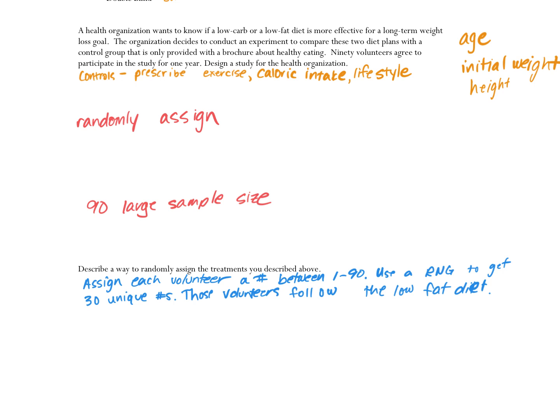Okay. Have we assigned all the treatments yet? Use a random number generator to get 30 more unique numbers. It's one of the few times where you can use the phrase more unique.